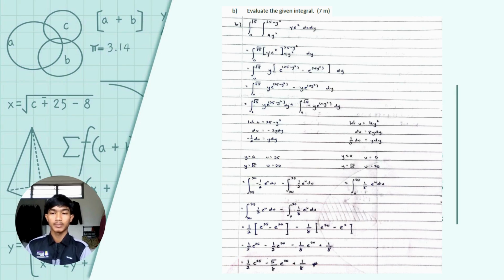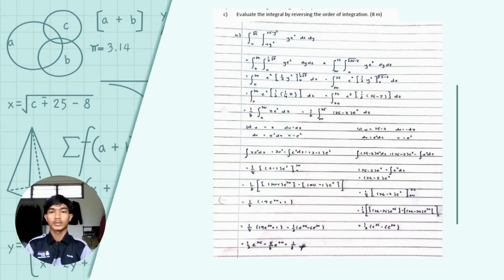After changing the limits accordingly and performing the integration, both results are combined and simplified to obtain the final answer. And the final answer is 1 over 2 e to the power of 25, minus 5 over 8 e to the power of 20, plus 1 over 8.